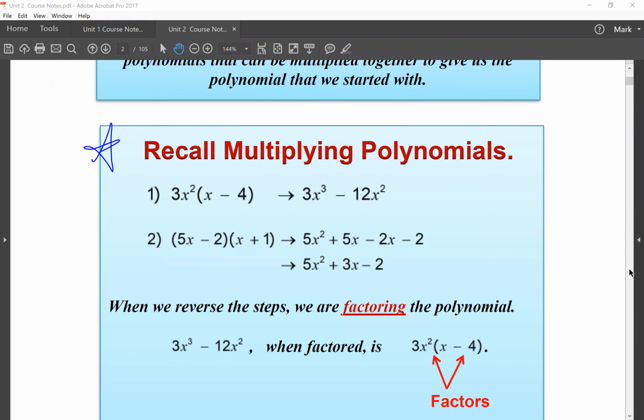We used the distributive property, or I guess the reverse of factoring, to figure out how to, what we would call in math, expand these polynomials.